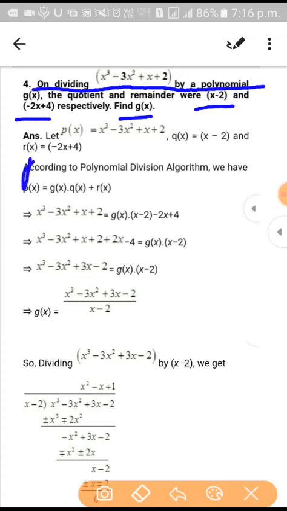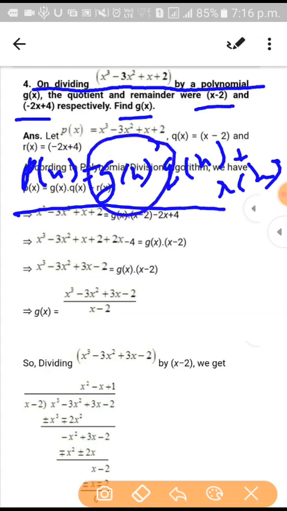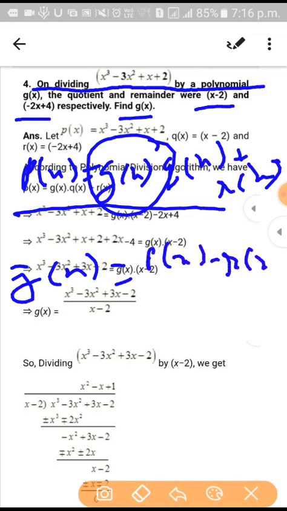That was px equals to gx multiply qx plus rx. We need to find gx, so we'll write this formula in terms of gx. So gx is equal to px minus rx divided by qx.